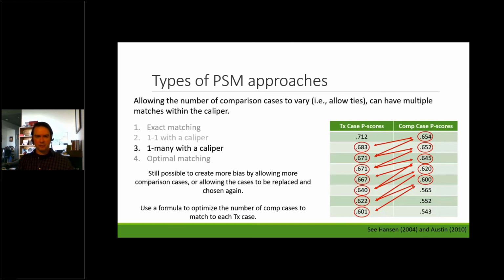I'll use the Hansen formula, and if it's way outside of Austin, then I'll try to test both of them to see which one reduced the bias the most and how many cases I was able to retain in relation. But oftentimes they're both in agreement, so it's right on the cusp of that 5 range, or it's closer to 3. This is also known as variable matching. So you're allowing the number of comparison cases that you're matching to vary.